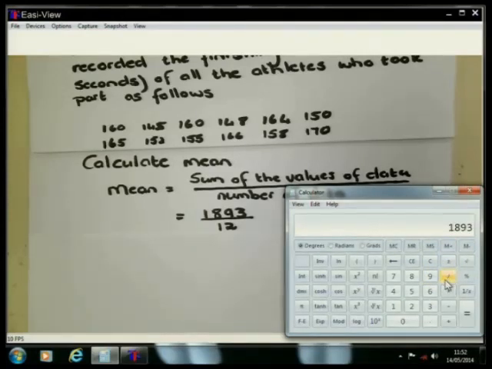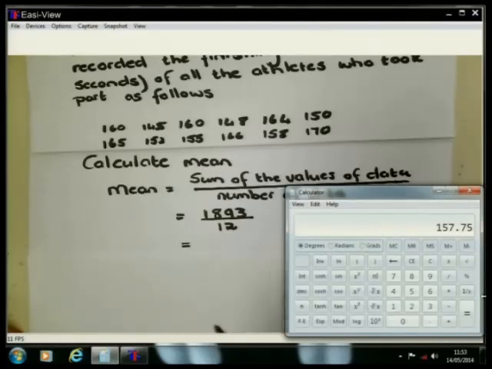Now this calculator that I'm using is using this sign to indicate division. On your calculator, it may be the ordinary division sign that you are used to. So if I now divide by 12, you will see that I have an answer of 157.75. Now remember to always check in the instructions of your paper up to how many decimal places an answer must be given.